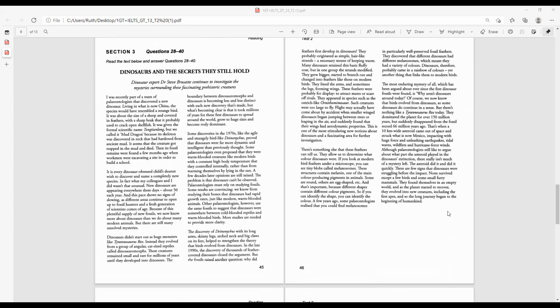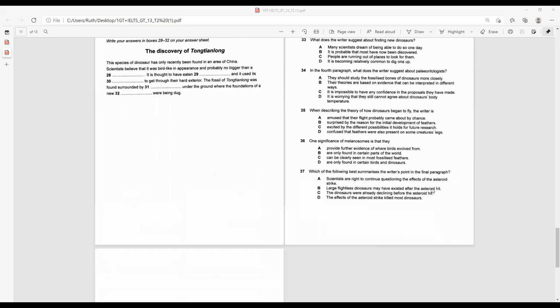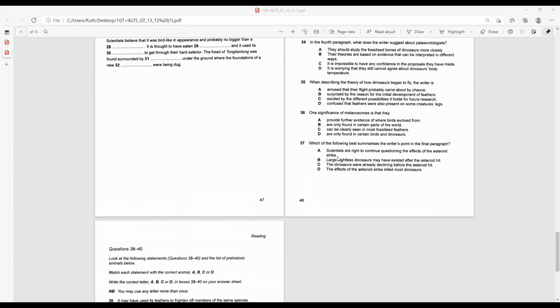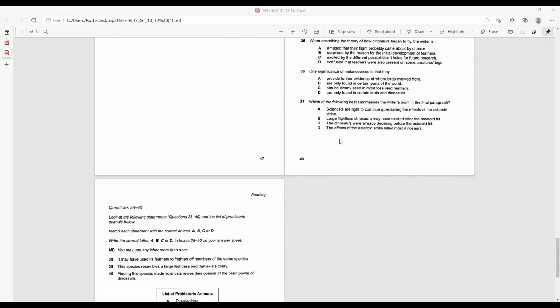Pay attention to the first two sentences and the last two sentences, then go back to the questions and back to the options, and now compare the options together. D. The answer is D.